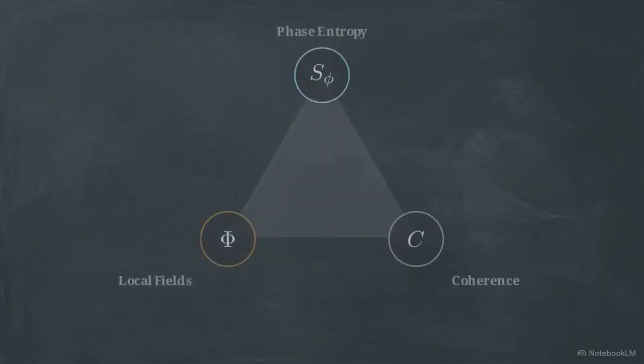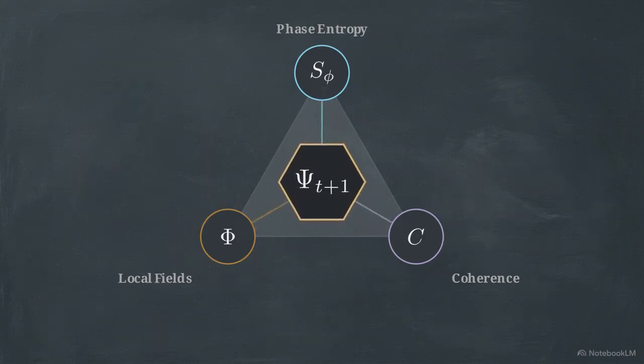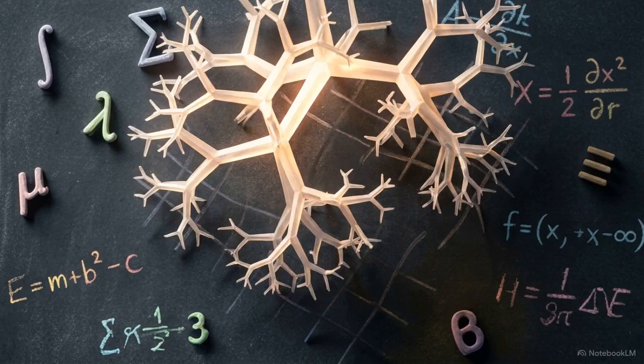This is a mandatory step. To determine its next state, the system has to process its phase, its coherence, and its local fields simultaneously. To model a self-organizing universe, the mathematical framework has to upgrade its own internal geometry to handle complex, interdependent relationships.